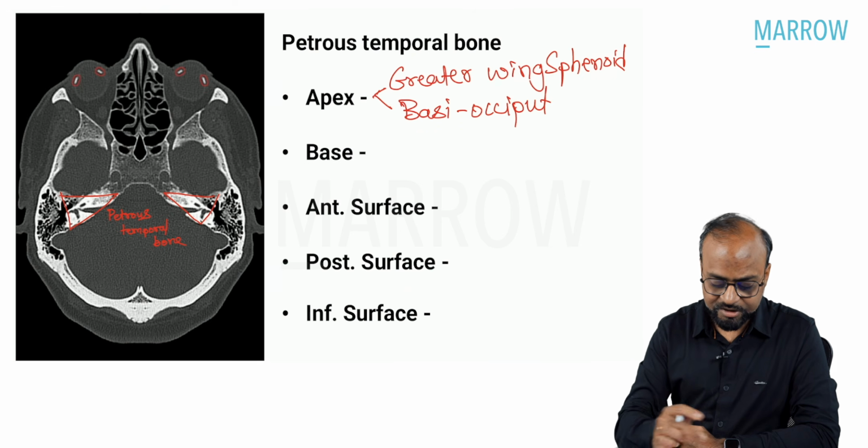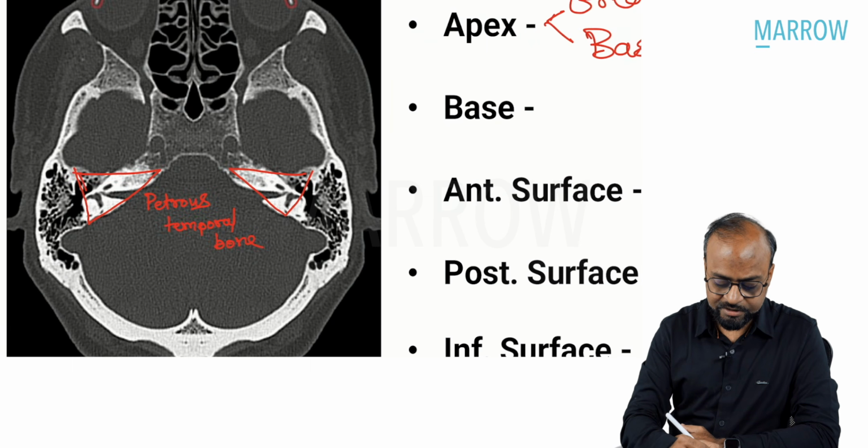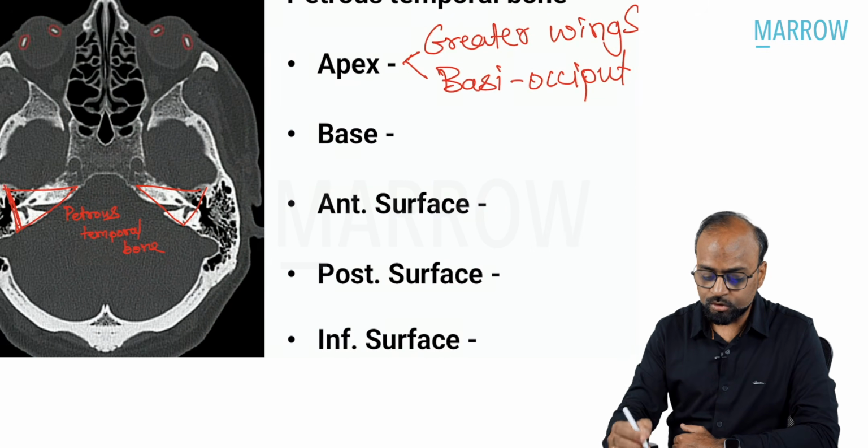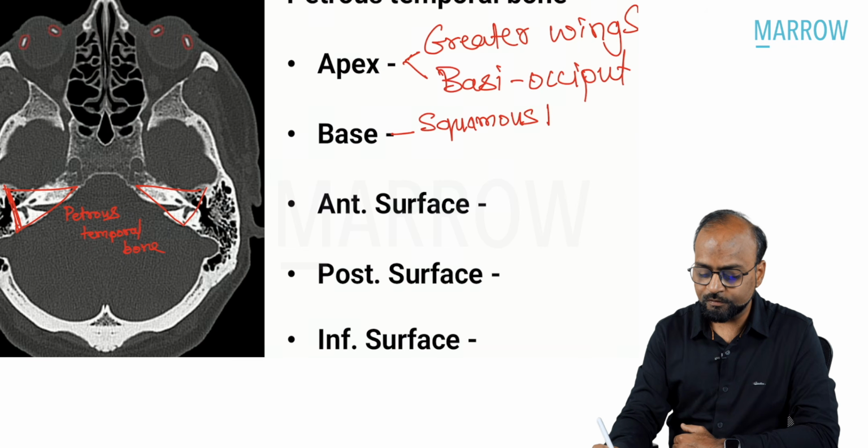If you look at this triangle that we have drawn, the base is actually pointing laterally, and the base is going to fuse with the squamous portion of the temporal bone, and with the mastoid air cells as well.